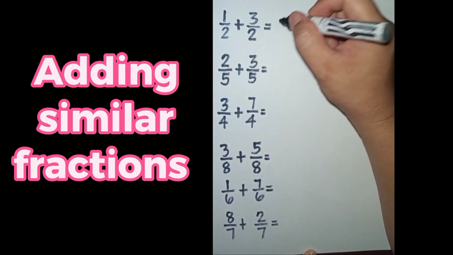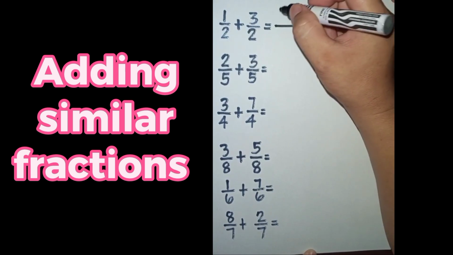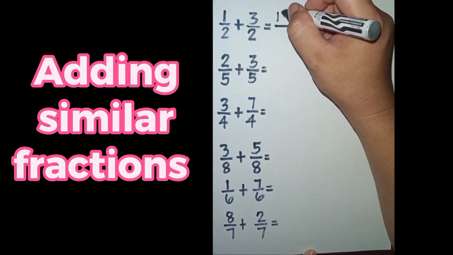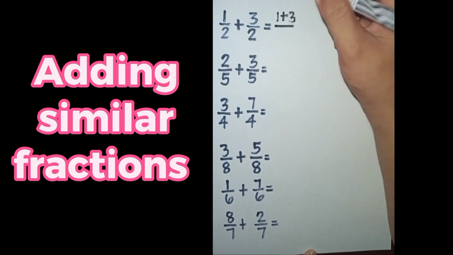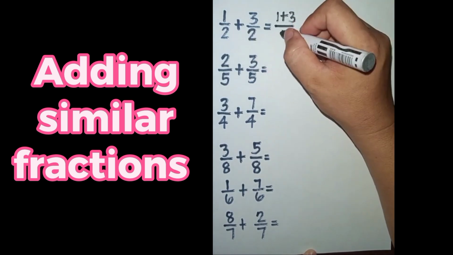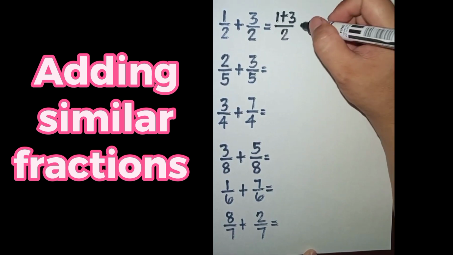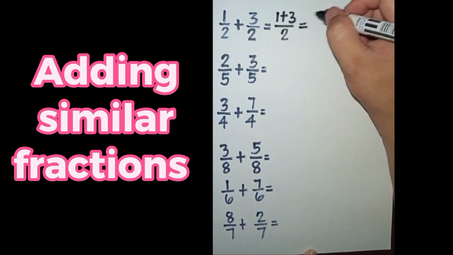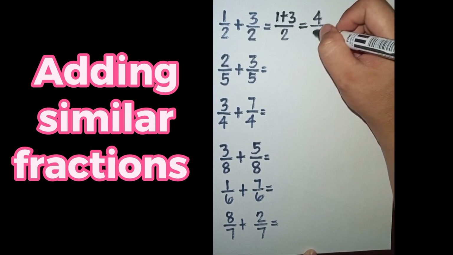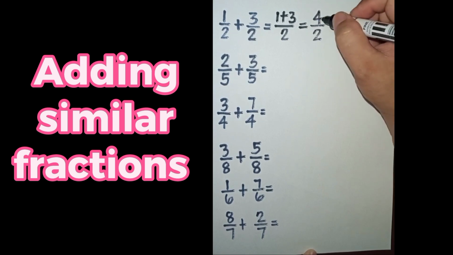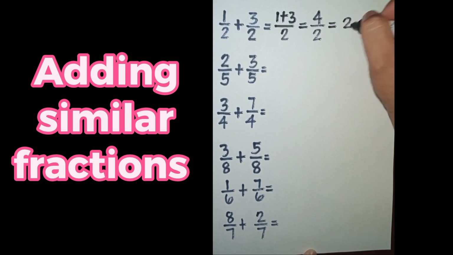So first we have to add the numerators, so 1 plus 3. Then copy the common denominator, 2, and that is equal to 1 plus 3, that is 4 divided by 2. Simplify, so 4 divided by 2 is equal to 2. So when we add 1/2 plus 3 halves, that is equal to 2.